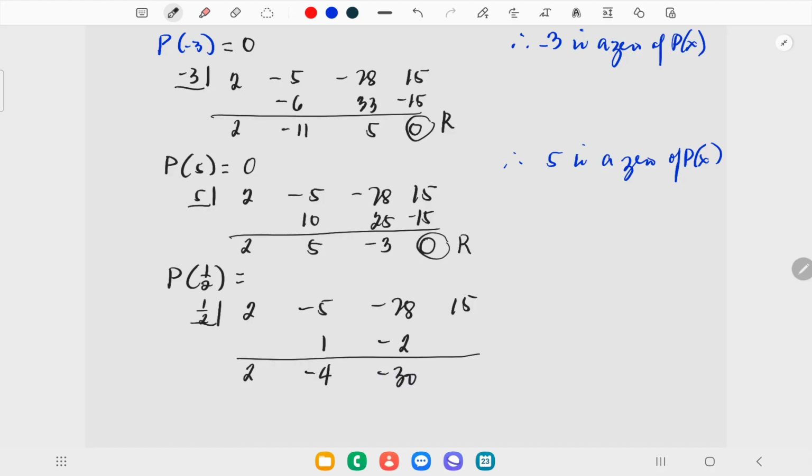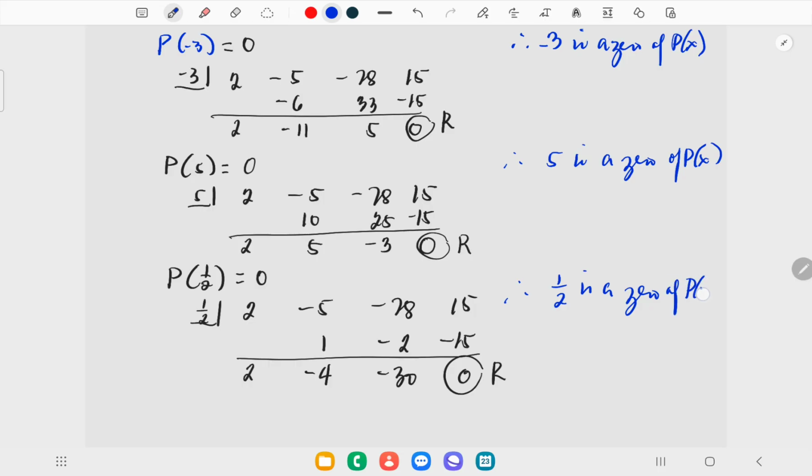And what is 1/2 of -30? Again, we have here -15 plus 15 is 0. We have here again a remainder of 0, telling us that P of 1/2 is equal to 0. So what is our conclusion? We now have here 1/2 is a zero of P of x.